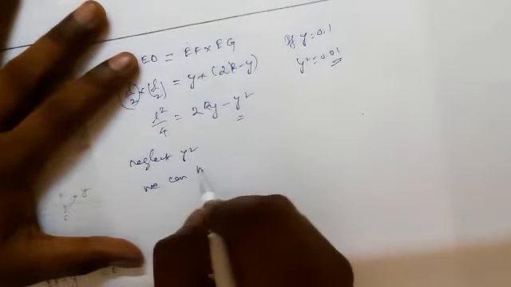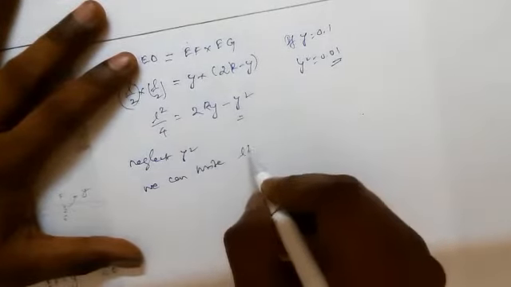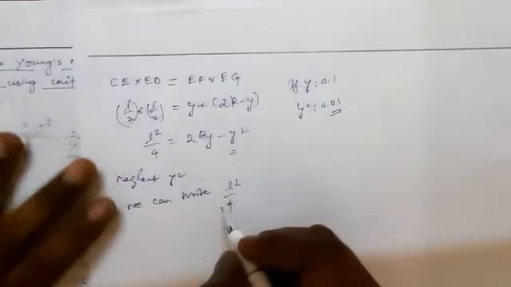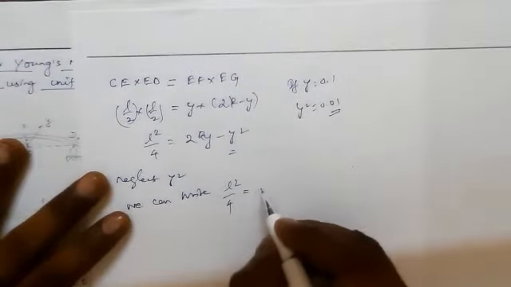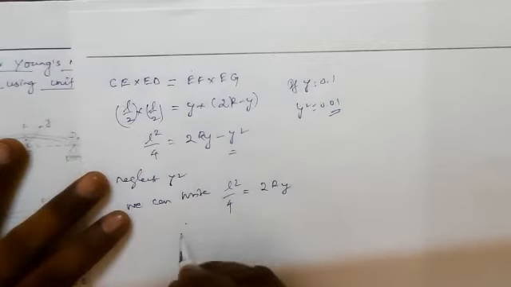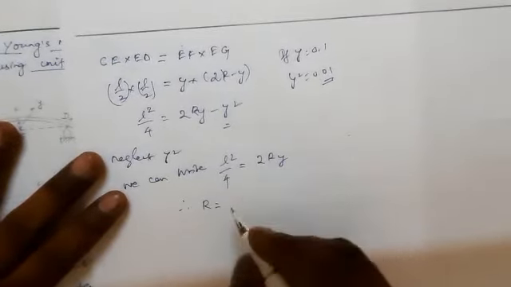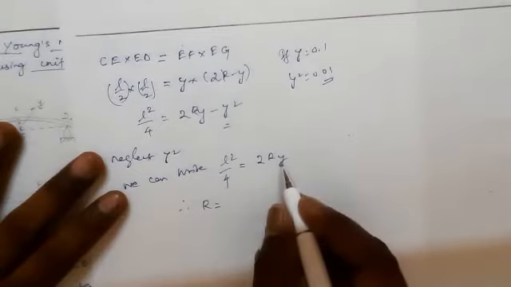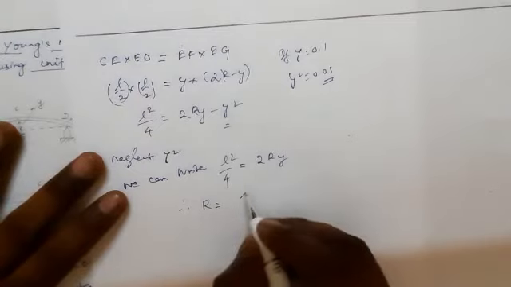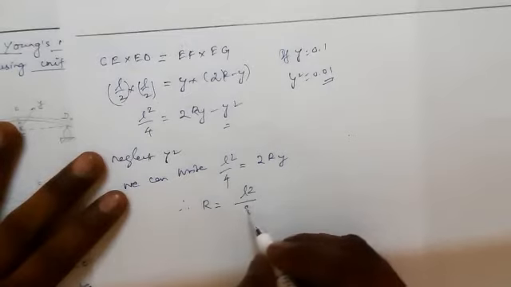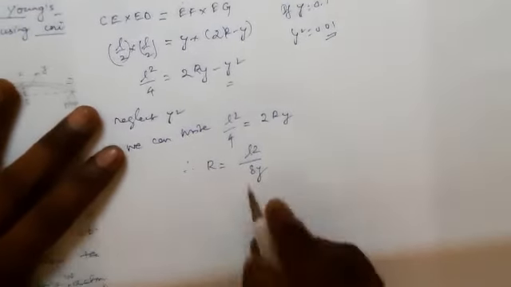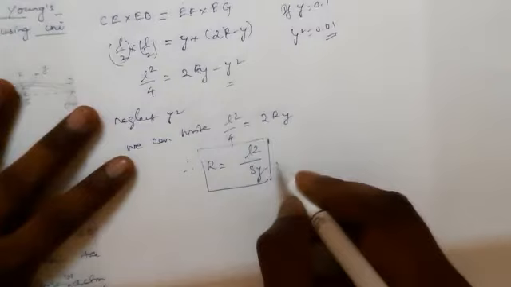We can write L squared divided by 4 equal to 2RY. Therefore, R equal to L squared divided by 8Y. Equation number 4.